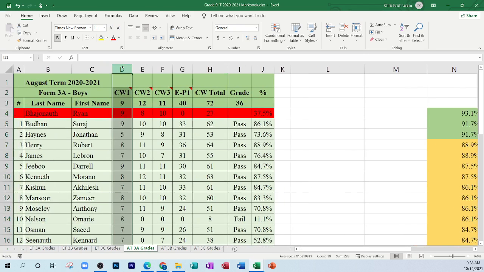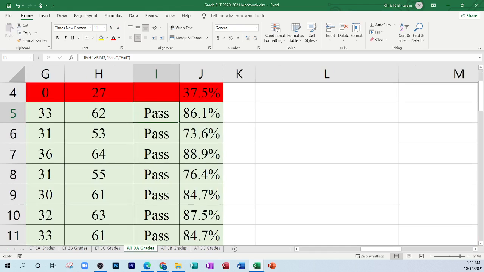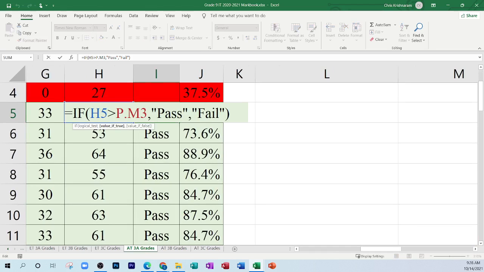In this column here, this is coursework 1, coursework 2, 3, another coursework, and then I total up that coursework. If you notice, let me zoom in a bit more. For this pass here, I wasn't typing in pass. I was actually running an if function, because spreadsheet is not about only typing in data.